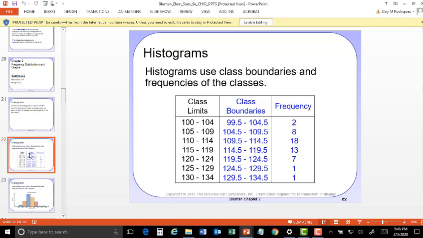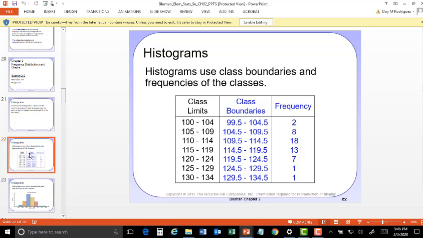Now here's how they seal up the gap. 104, see, 0.5 and 104.5. So now it's continuous. See, from 99, you went 99.5, and then you went 104.5. And then you started at 104.5, and then you went 109.5. So we're subtracting a 0.5 from this side, and we're adding a 0.5 on this side.